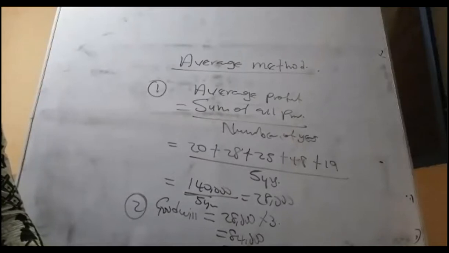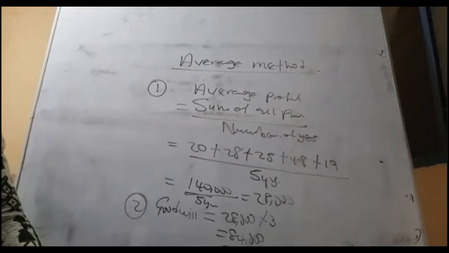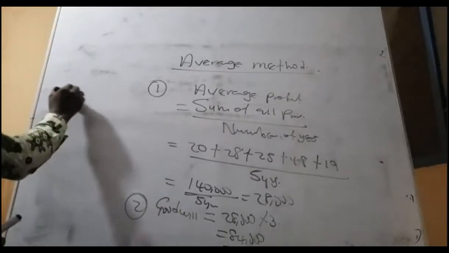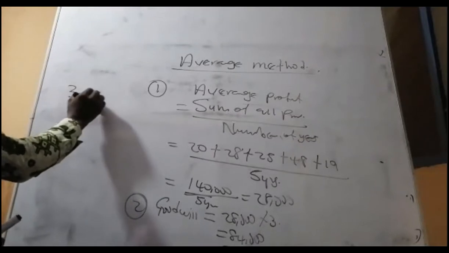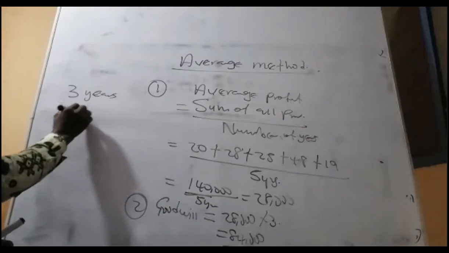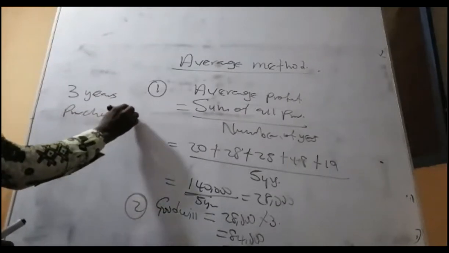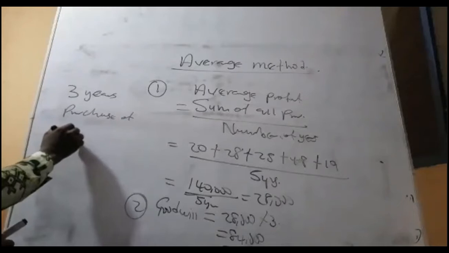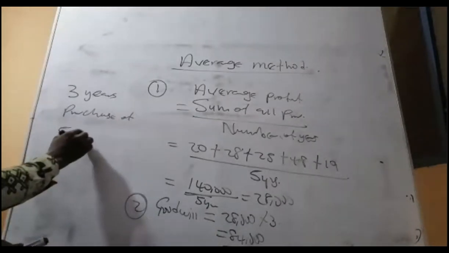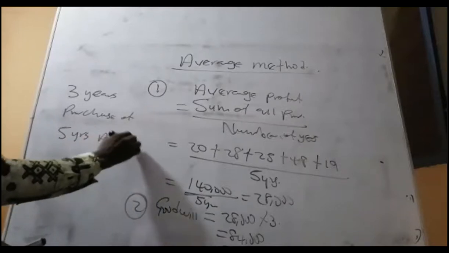Okay, good. Let's go over. They said that goodwill is 3 years purchase of 5 years average profit.